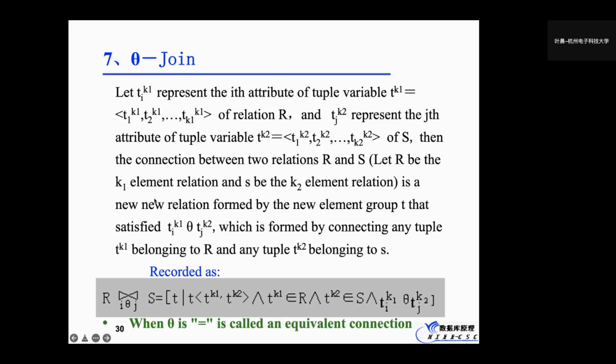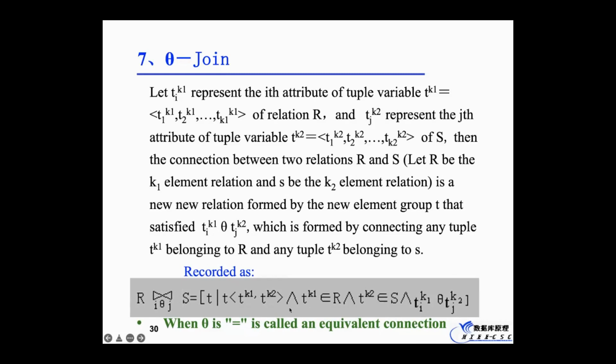So the connection between two relations R and S is a new relation formed by the tuples t that satisfy ti theta tj, formed by connecting any tuple tk1 belonging to R and any tuple tk2 belonging to S. So we can write like this, which we call a theta join.